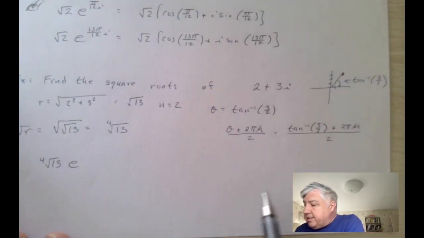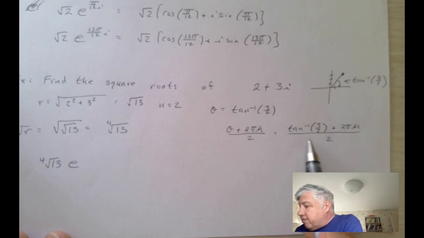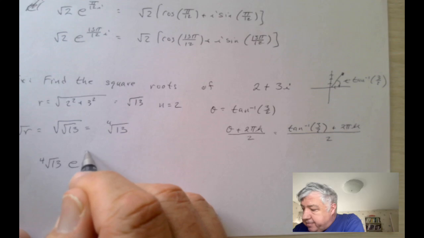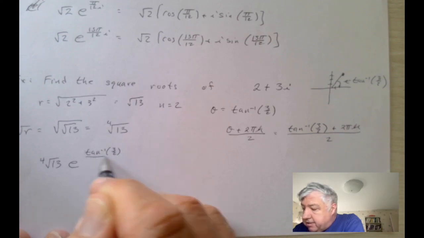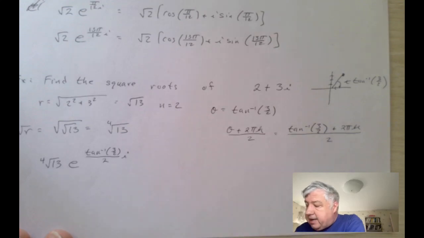Okay, so we can see that when k equals 0, we just get 1/2 times this. So this will be the inverse tangent of 3 halves divided by 2 times i.